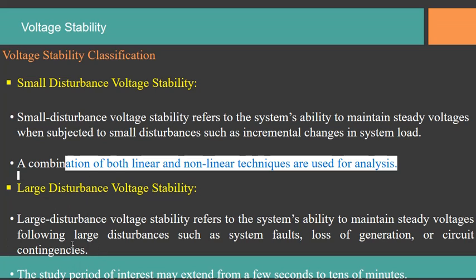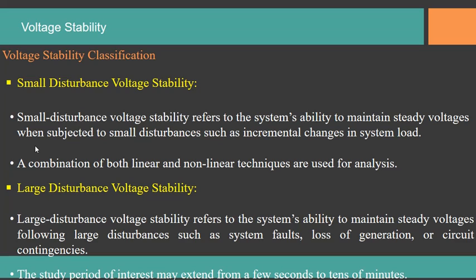One more thing about small disturbance voltage stability. This form of stability is influenced by the characteristics of the load. It depends upon whether the load is inductive, capacitive or resistive, and on continuous controls and discrete controls at a given instant of time.